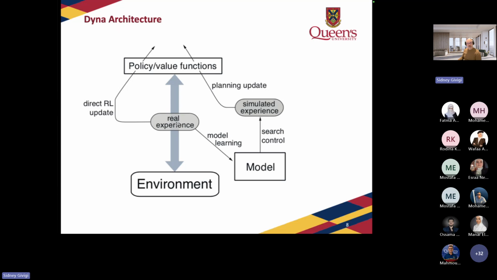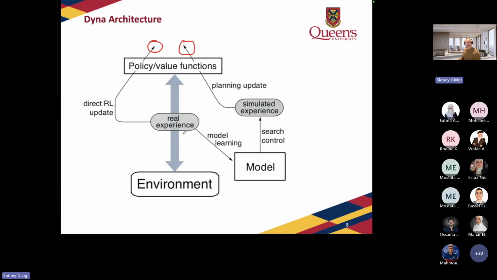From real experience, we are going to acquire data from the environment, and then apply this to a model, and in that particular model, we are going to find a better representation of simulated experience. This simulated experience is going to update the policy as well. So we are going to have these two different updates: this one is indirect, and this is the other update that is direct.